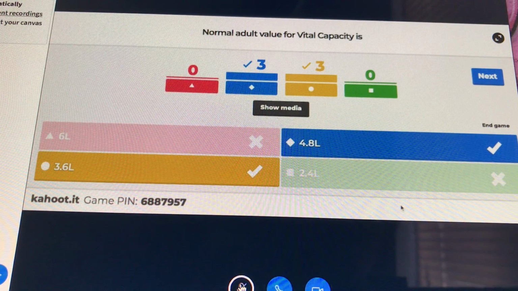How do you calculate vital capacity for a specific patient? Sorry, what did you say? How do we calculate vital capacity for a specific patient?